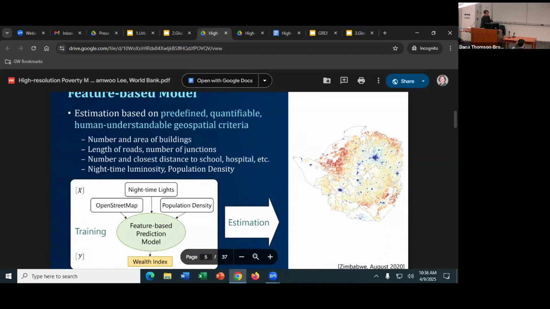There are generally two categories of machine learning methods to do this kind of estimation.